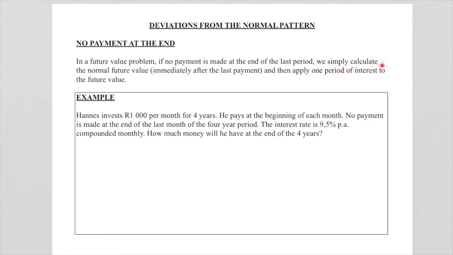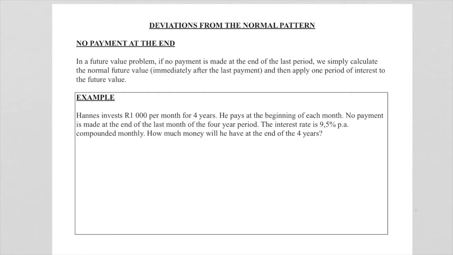We simply calculate the normal future value immediately after the last payment, and then we apply 1 period of interest to that future value amount, and that will be compound interest.